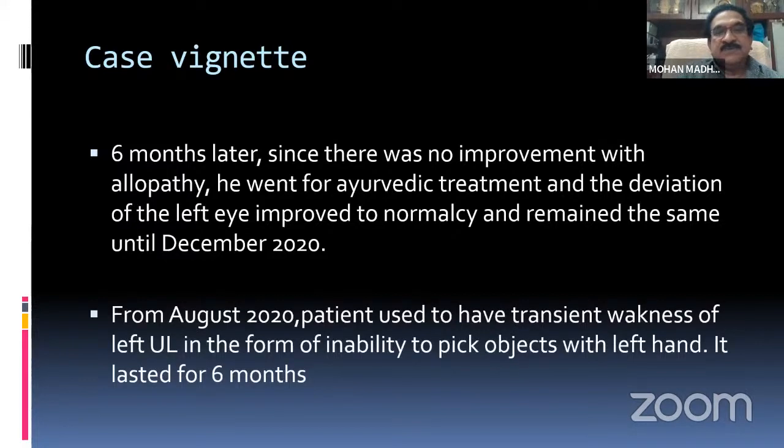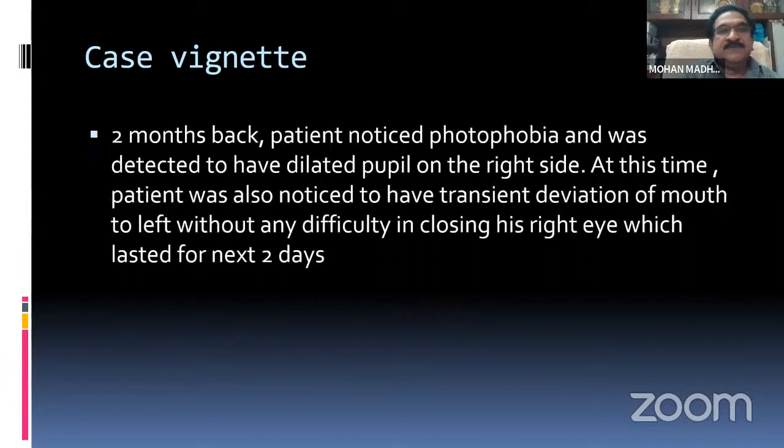From August 2020, patient used to have transient weakness of the left upper limb in the form of dropping big objects with the left hand. It lasted for 6 months. 2 months back, patient noticed photophobia and was detected to have dilated pupil on the right side.